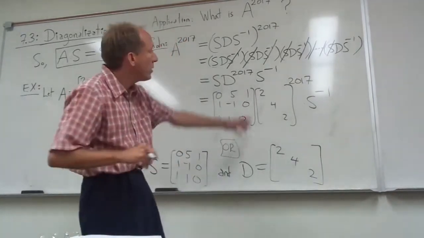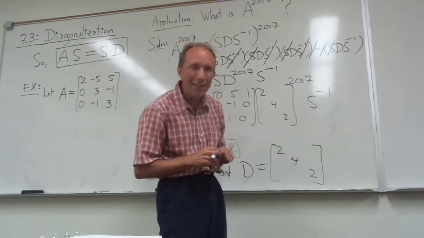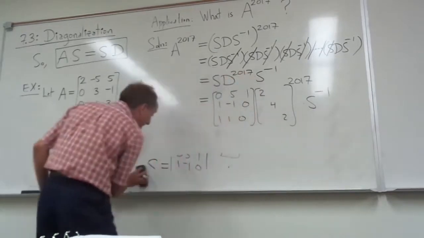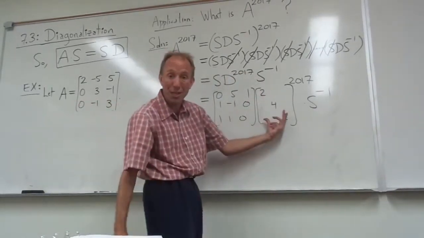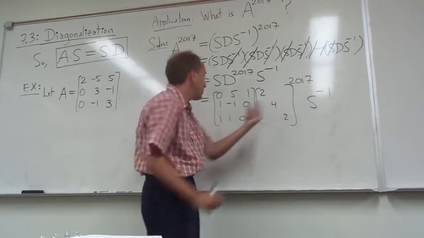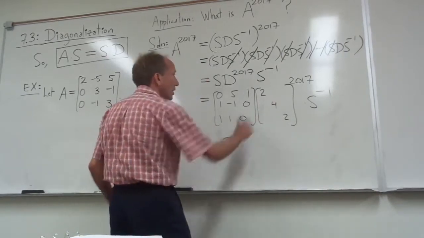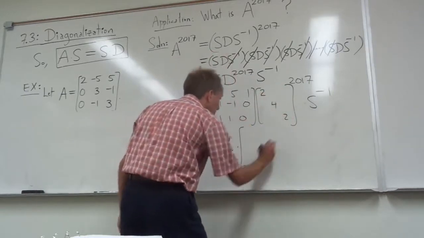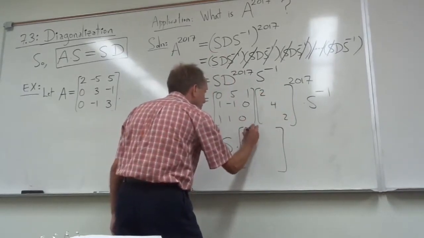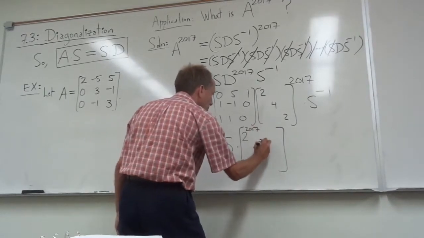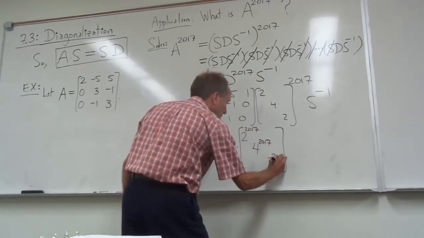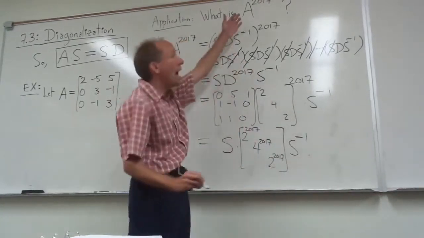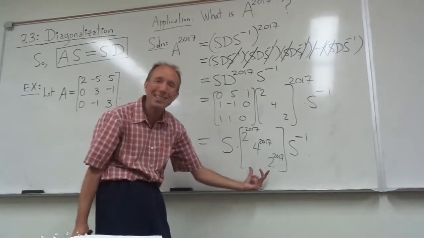The thing is that the 2017th power is at this point only being applied to D, to the diagonal matrix D. And I can leave the S by itself. If I take 2017 powers of this matrix here, what you're going to get, guys, is 2 to the 2017, 4 to the 2017, 2 to the 2017 on the main diagonal. In other words, it's easy to take a high power of a diagonal matrix.